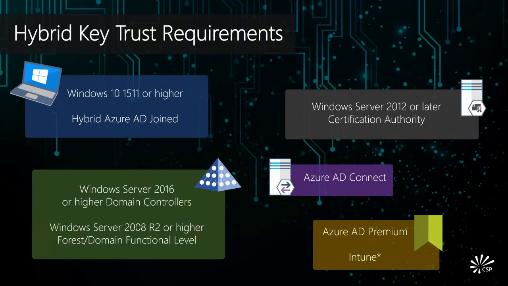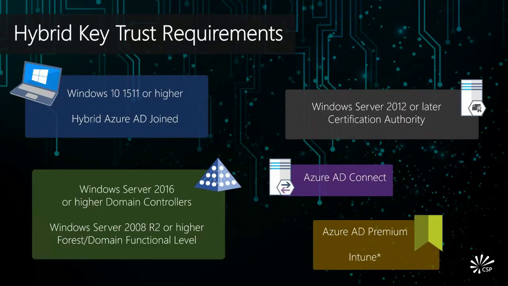Within that hybrid deployment model, there were technically three, but two usable trust modes. One is the key trust mode, and the other is certificate trust mode, where certificates are being used and issued from an enterprise PKI. Key trust is using user key pairs.